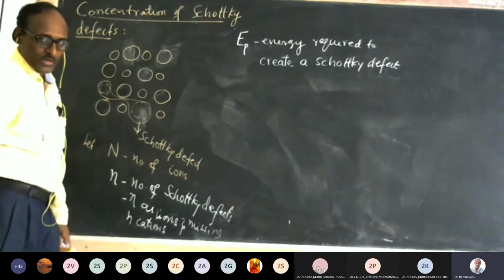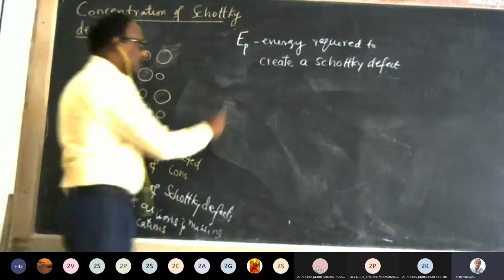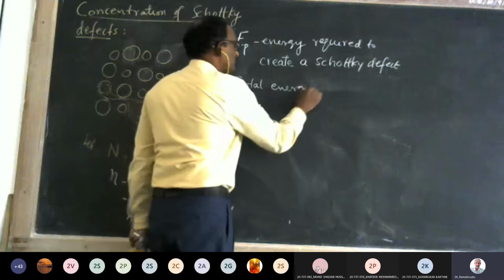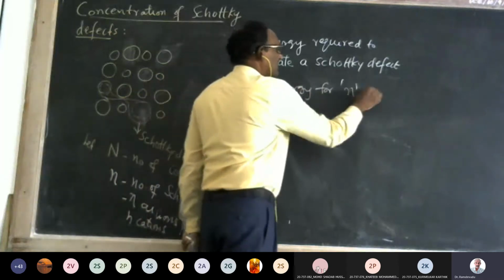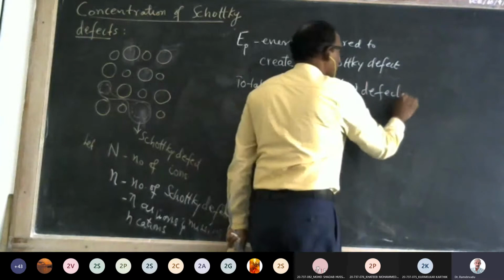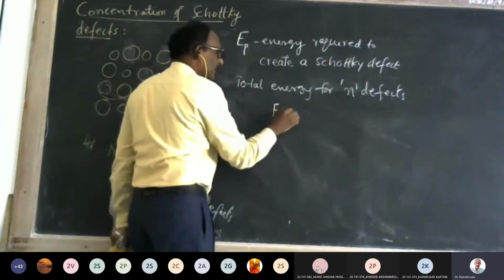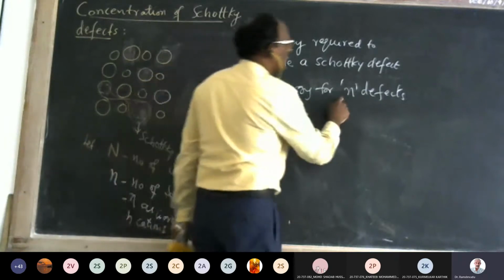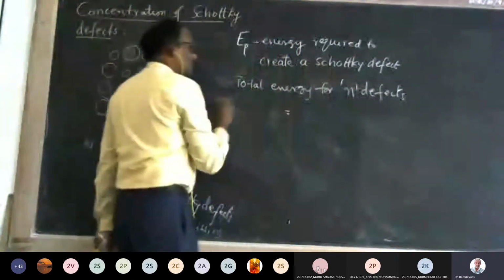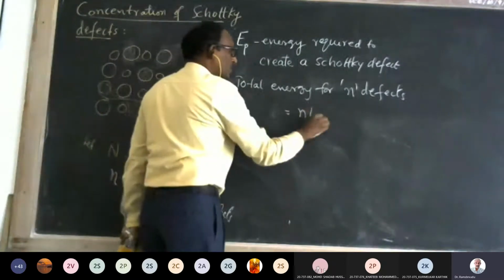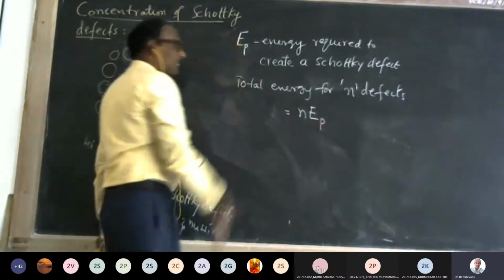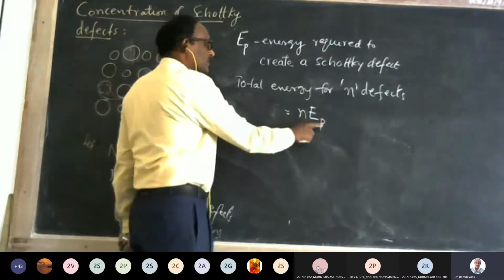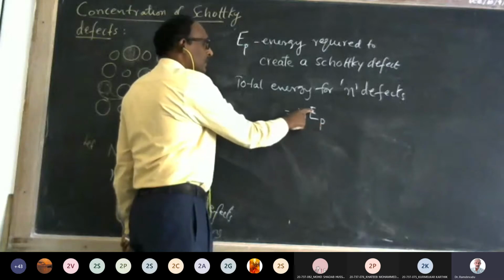And therefore, if I want to calculate the total energy for n defects, the energy required for each pair, P meaning pair, is EP.